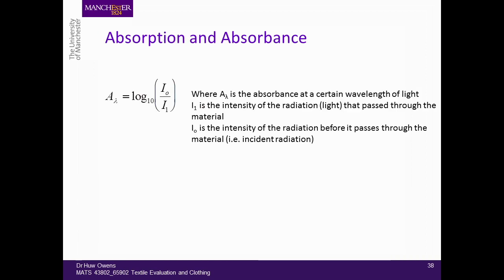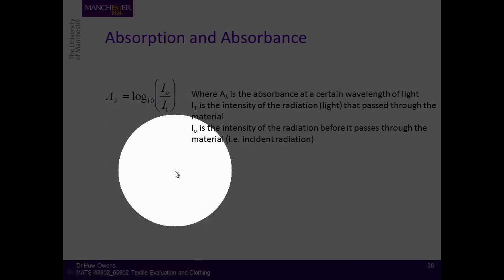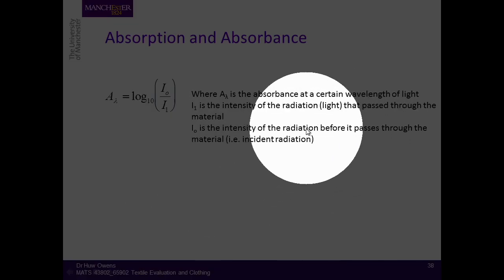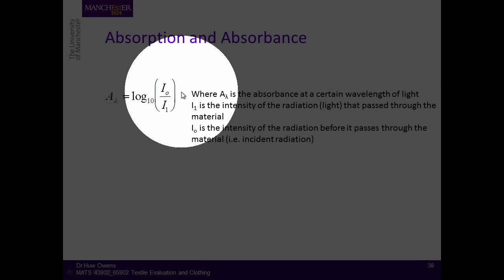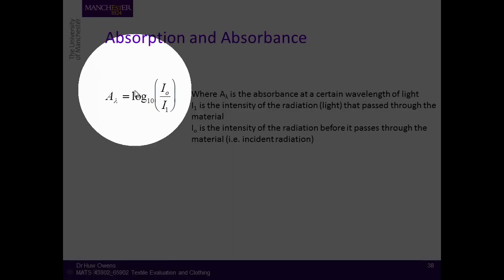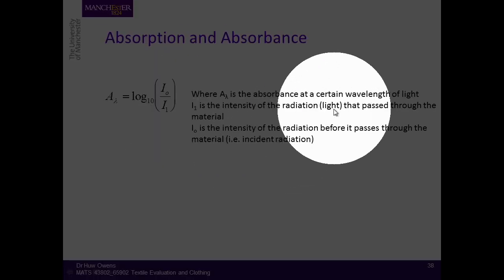So from there, what we're going to do is calculate absorbance. And it's just this ratio of the intensity of light that's incident, the light that we start off with, our light bulb, and then the transmitted light.